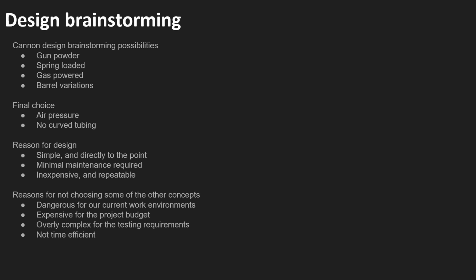We went with a more simple design that would be more within our price range and a little less time constrictive, so we were able to do it in a more timely manner. The reason we didn't go with some of the other choices is that they were either dangerous, expensive, or would take too much time to focus on. Now, Bradley will talk a little more about some of these decisions and why we did or didn't go with them.